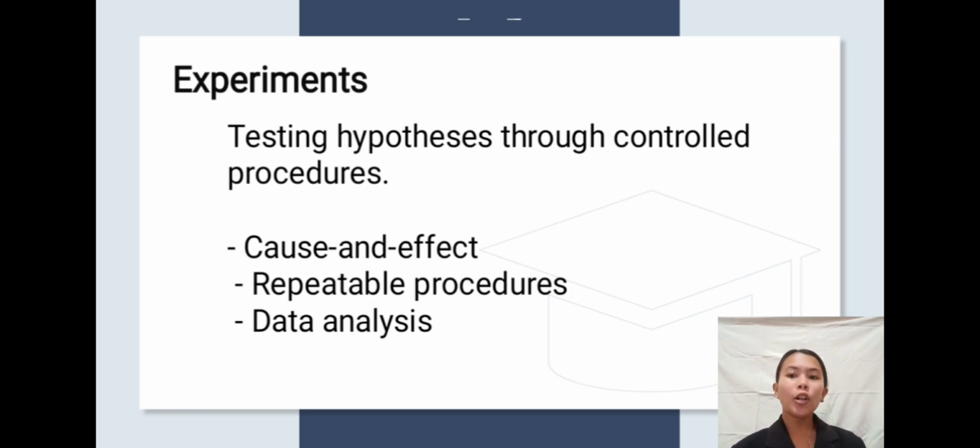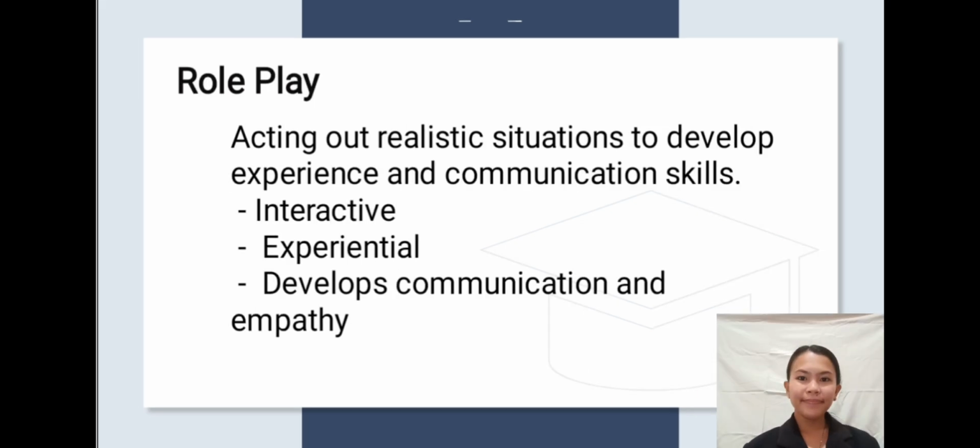For example, a science experiment to test the effects of different fertilizers on plant growth. So here are the key features of experiments. First is cause and effect. Second is repeatable procedures. And third is data analysis.